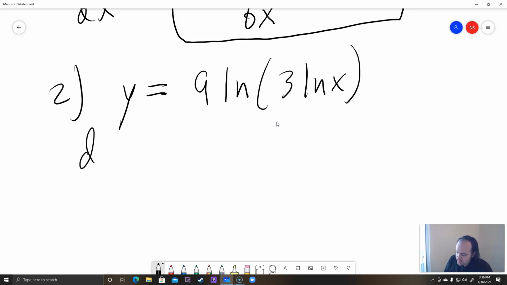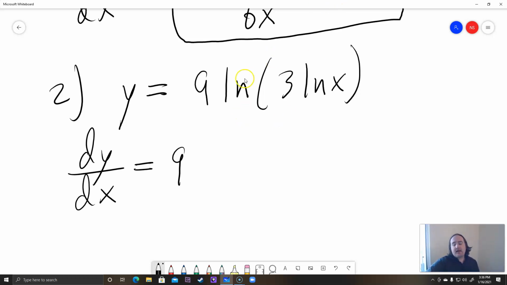So here our dy/dx is going to be 9 times, well, the derivative of ln is the same as 1 over. Okay, so we're going to have 1 over 3 ln of x. So that was the derivative of the outer function, inner left alone. Okay, now we multiply this times the derivative of the inner function.